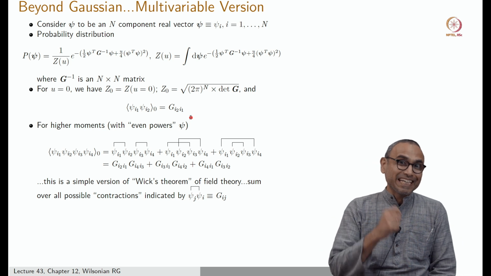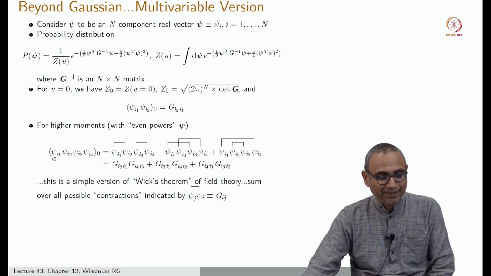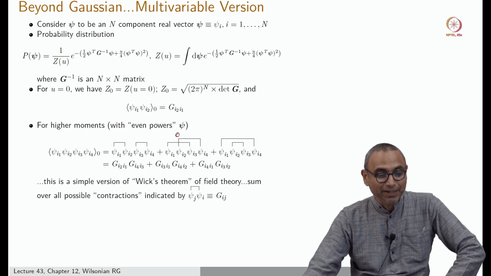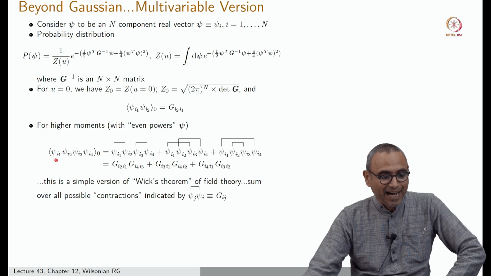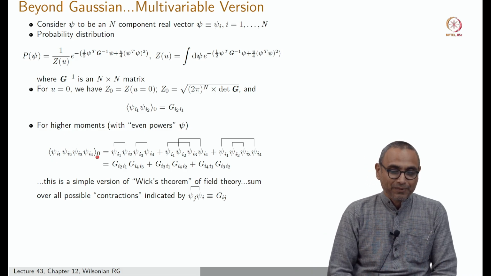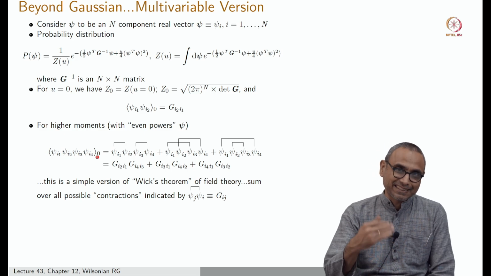Now comes an interesting question. What happens if I have higher moments? For example, I take even powers of psi: the I1 component, I2 component, I3 component, I4 component, and I want to find the expectation value of this. I am not going to prove this statement in this lecture; I will just assert what is known.